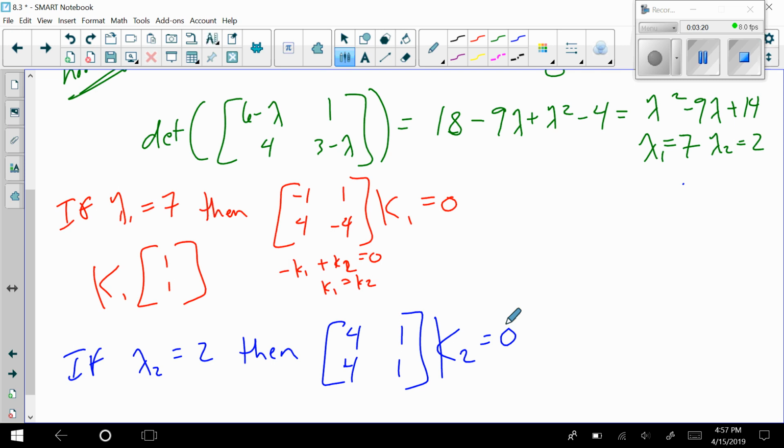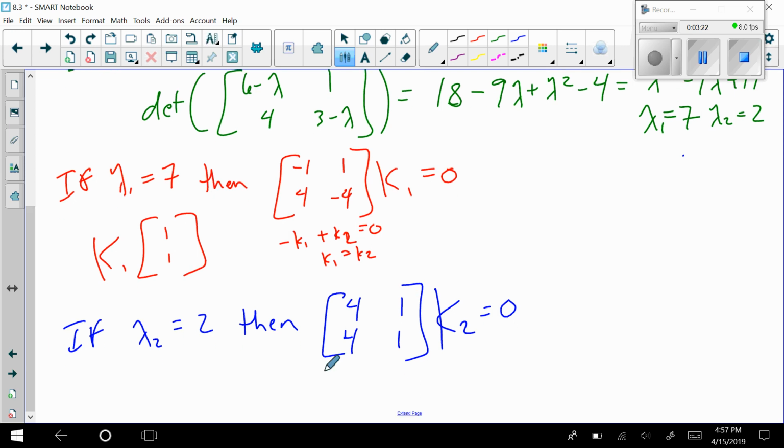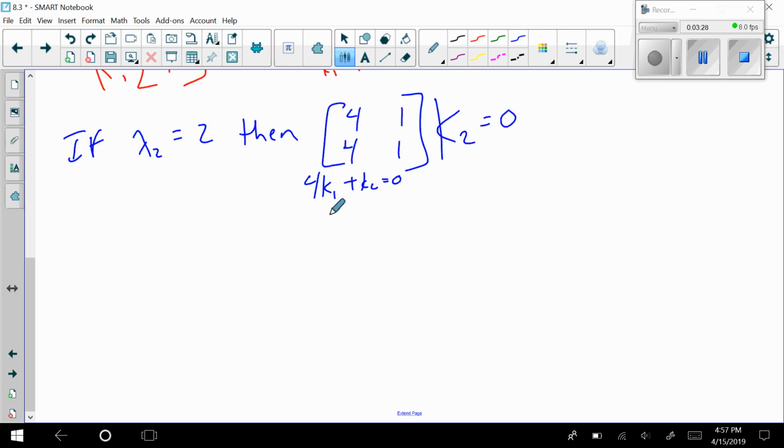Of course, this yields 4 K sub 1 plus K sub 2 equals 0, which would be K sub 2 equal to negative 4 K sub 1. If I let K sub 1 equal this 1, then I would have a negative 4 for my K sub 2.